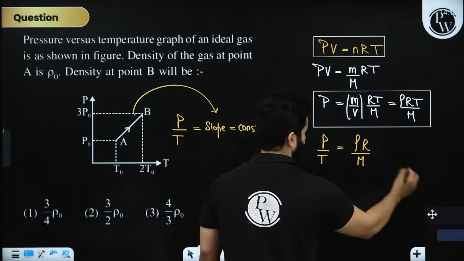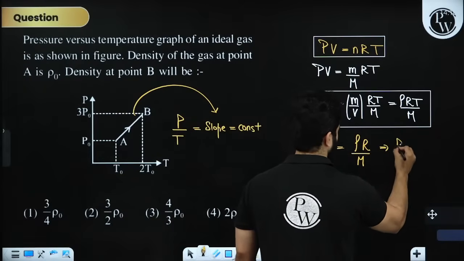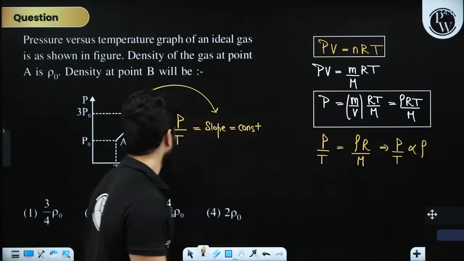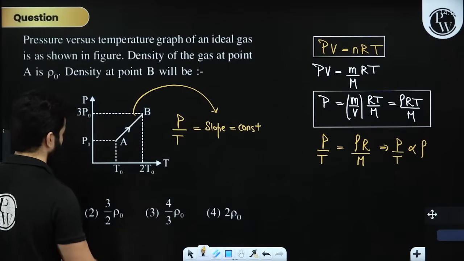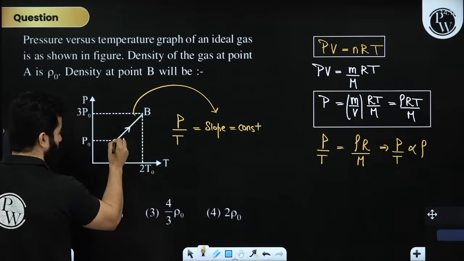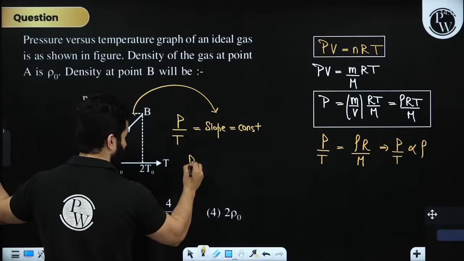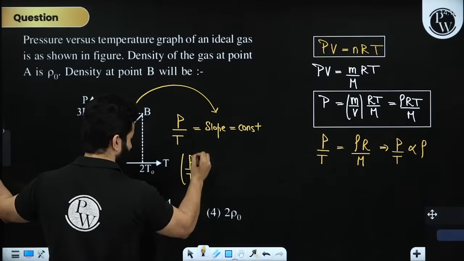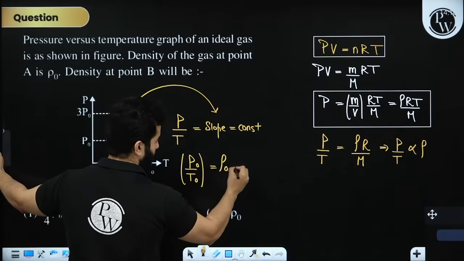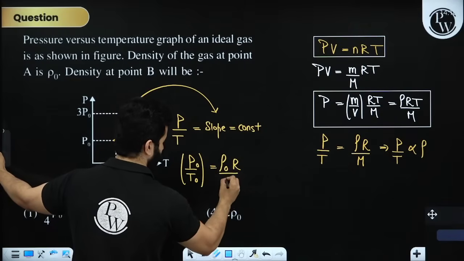So from here I can say that P upon T is directly proportional to rho. They are saying that density at point A is rho naught. So at point A, P naught upon T naught is equal to rho naught, and you can also write R by M.